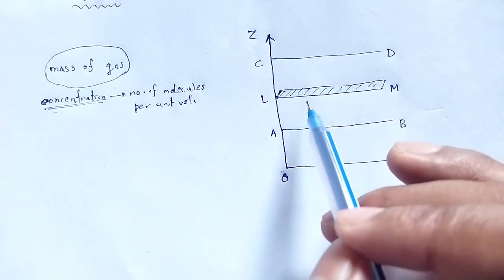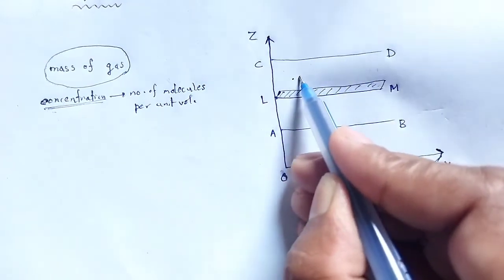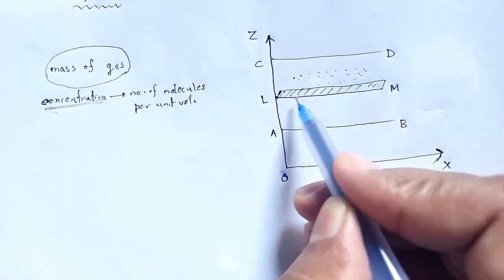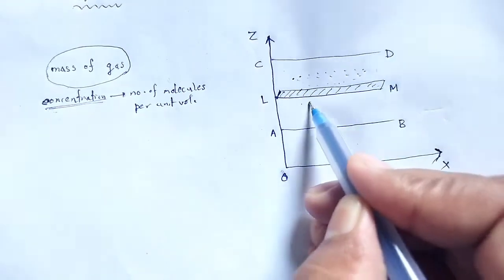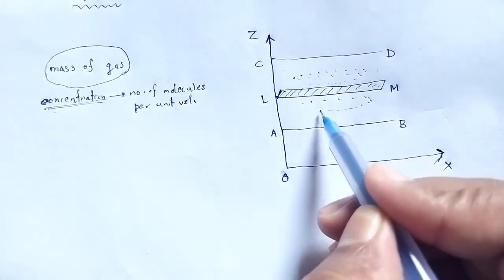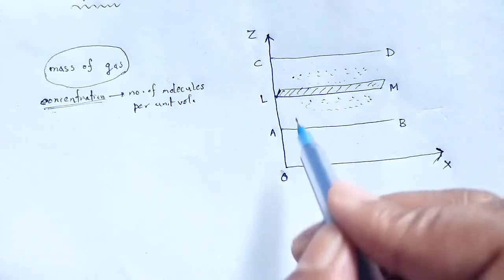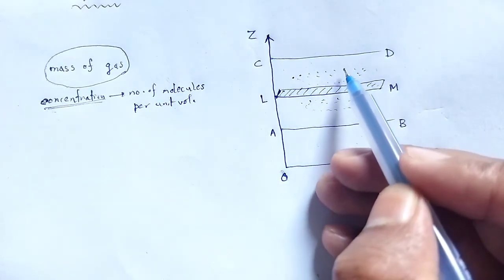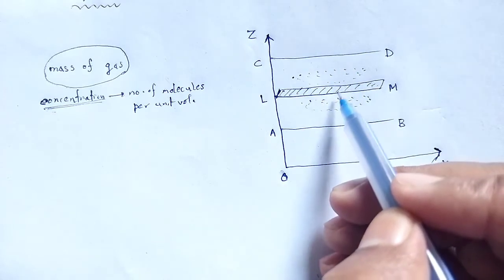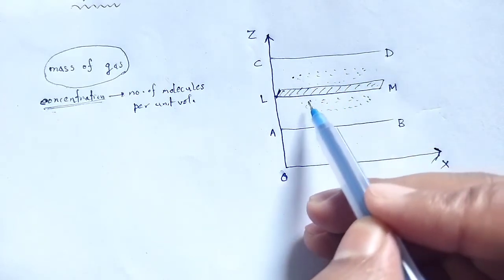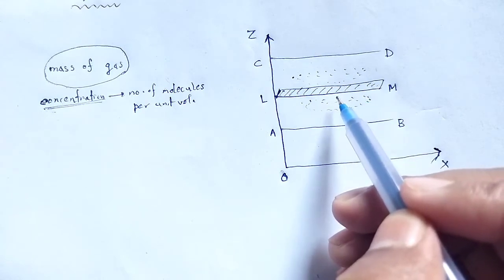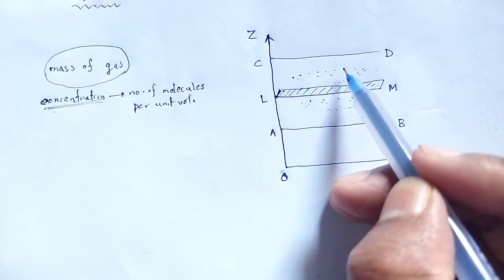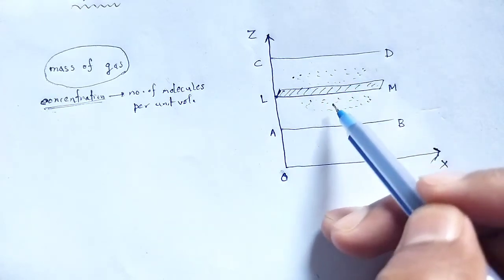Thus, the concentration of gas above the plane LM is greater than that of the gas below LM.